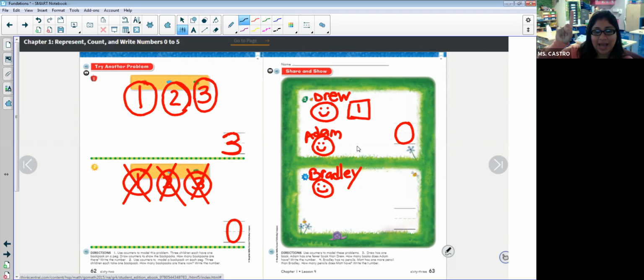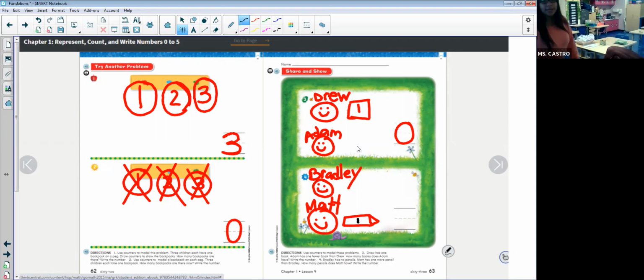So Matt has 1 pencil. Bradley had none, but 1 more than 0 is 1. So we're going to illustrate Matt with 1 pencil, and we'll label it with the number 1.